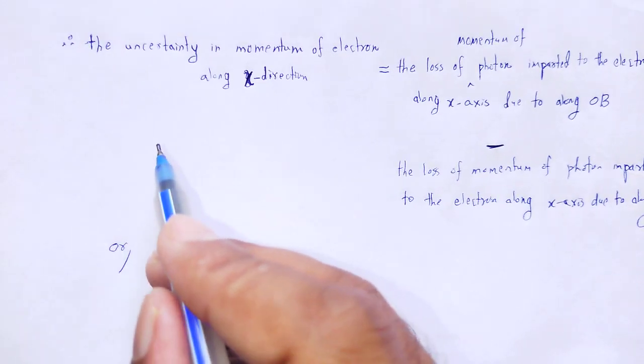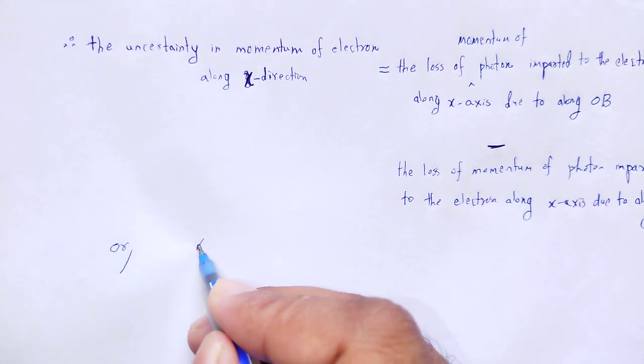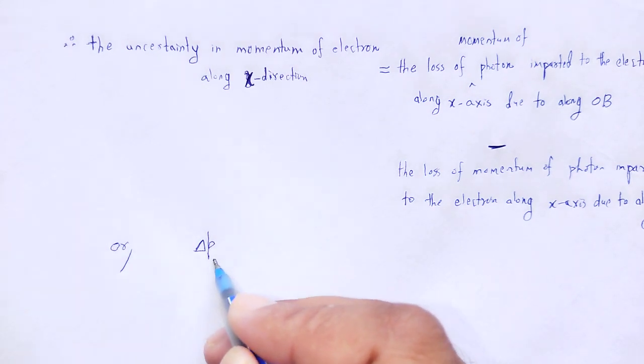So, the uncertainty of electron along x axis, that is represented as del px.